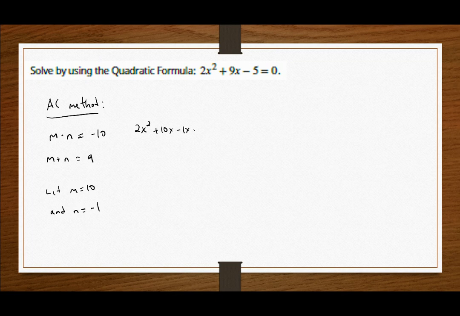By doing this, we can continue the factoring by looking at the first and second pair of terms. Factoring by grouping, we can identify 2x as the GCF amongst these first two terms, leaving me with the binomial x plus 5, and a negative 1 as the common GCF for the second pair, also leaving me with the binomial x plus 5.